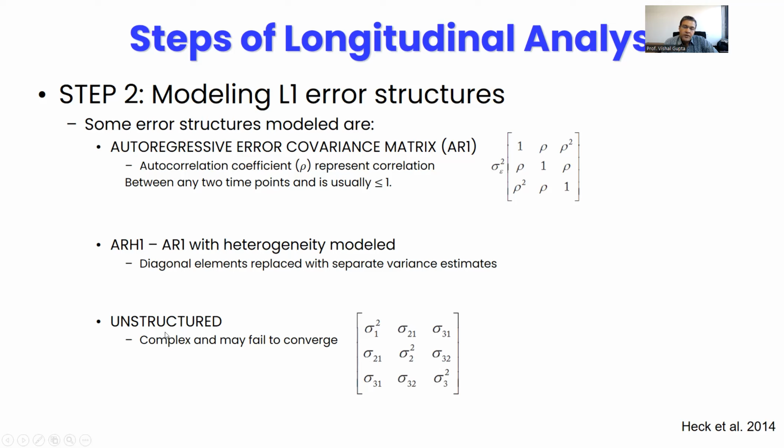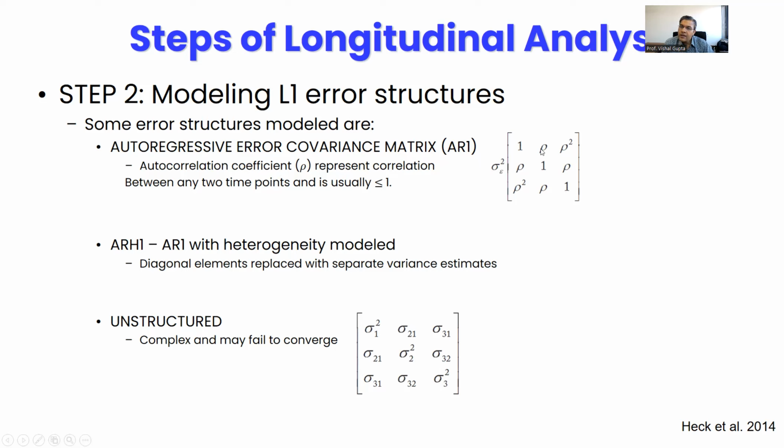And then finally you have unstructured, which is the most accurate, which says there are different variances at the 3 time points, and then you have different correlations also. They are not equal, but it is complex because you now have to estimate 1, 2, 3, 4, 5, 6 different parameters. The beauty of AR is that it is estimated by only one phi.